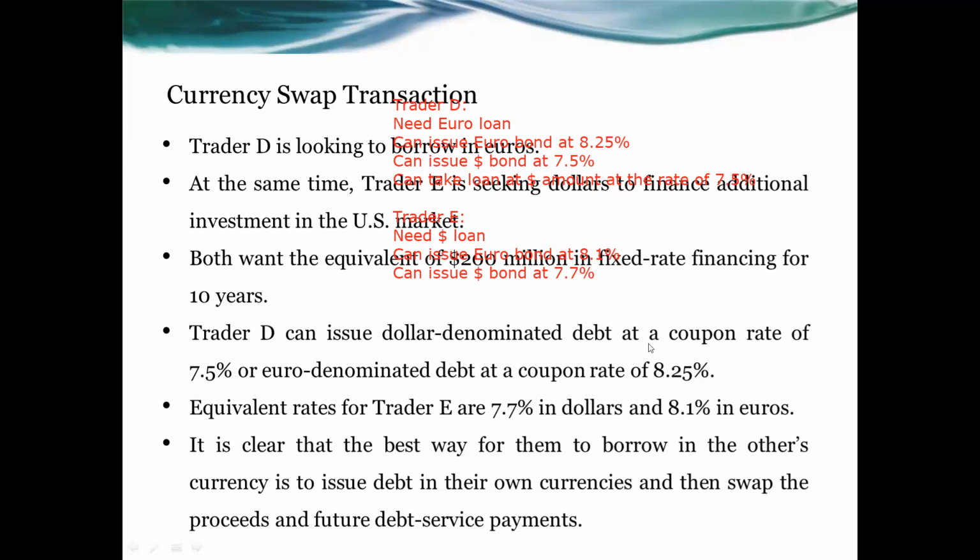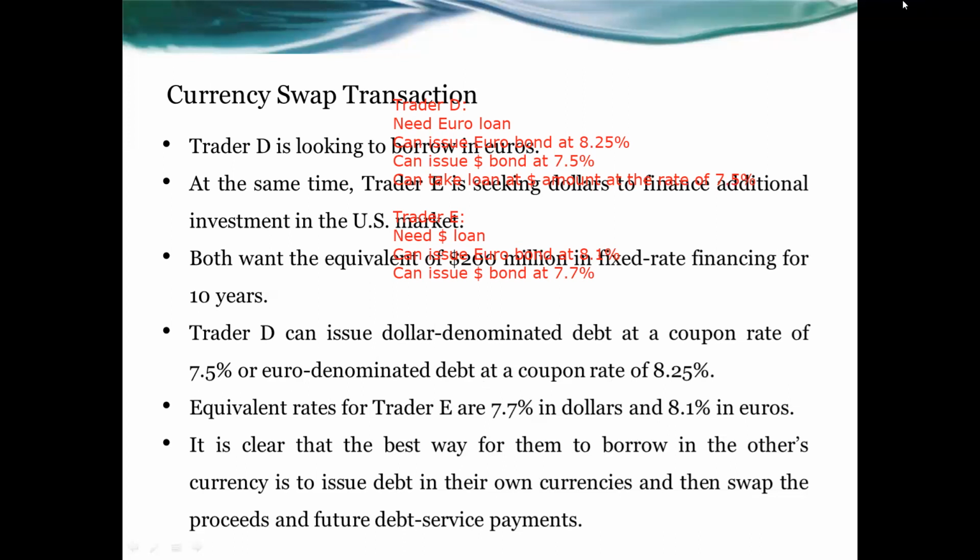He needs euros. And trader E needs a dollar loan; he can issue dollar bonds at 7.7% compared to 8.1% in euro. But trader E also gains more benefit if he collaborates with trader D, because that interest rate is 7.5%.